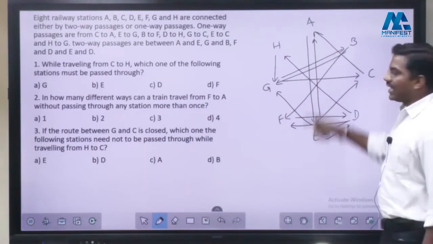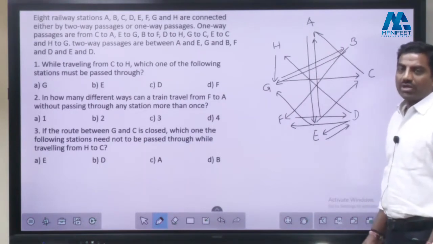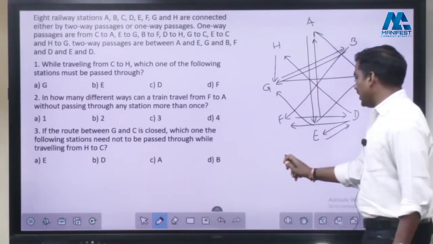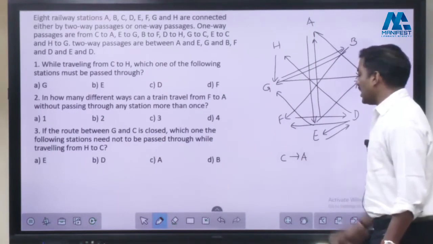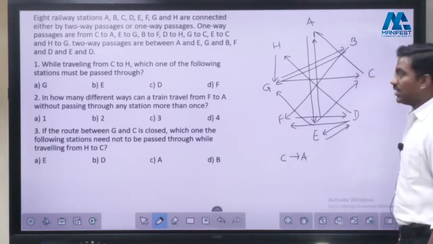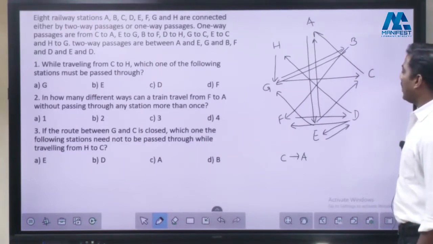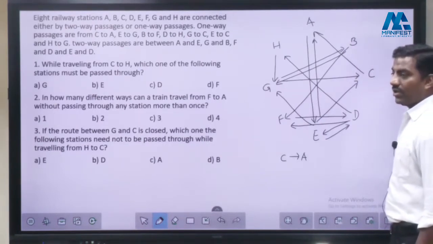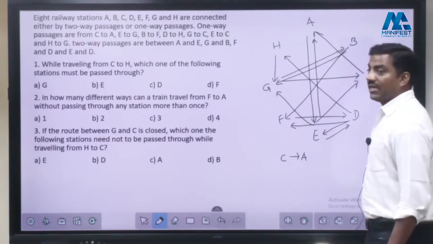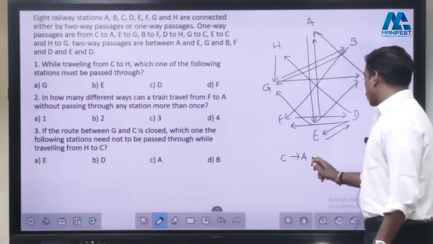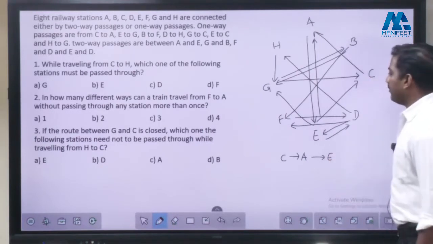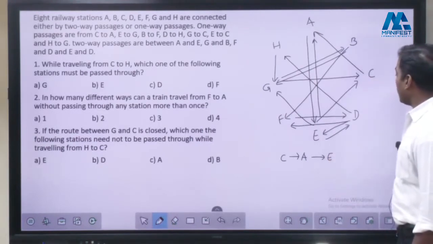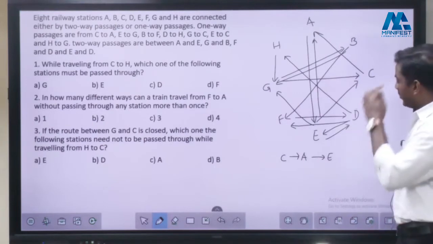C is the starting station. We have only one outlet from C. So from C, we have to go to A for sure. Yes. Then from A, how many outlets are there? Outlets I am asking. Then from E, how many outlets are there?